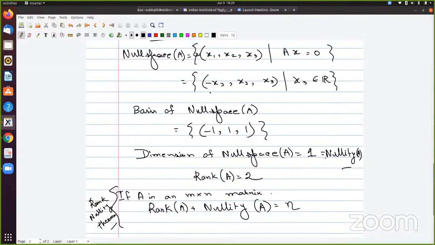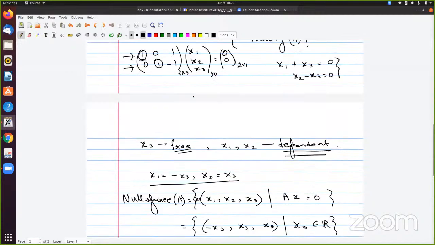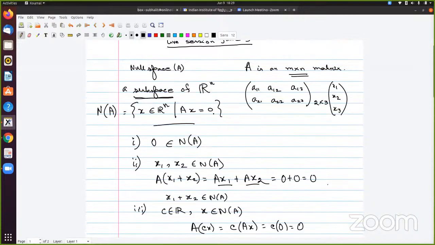Here also we are calculating the basis of a vector space, and this is the vector space you are talking about. That's why the procedure is basically the same. We are basically finding the dimension of a vector space, but this is a specific vector space, which is called the null space. Okay? Clear?